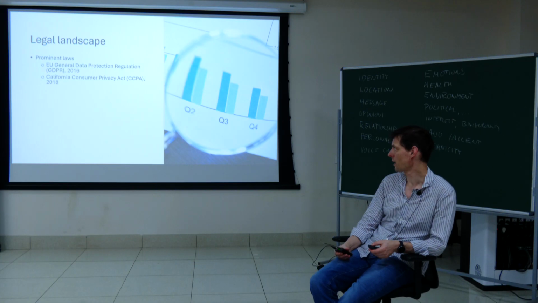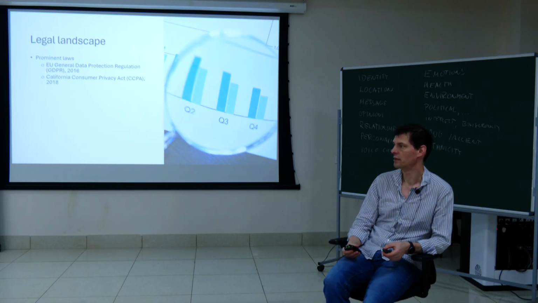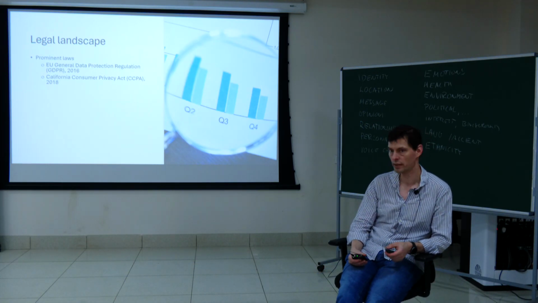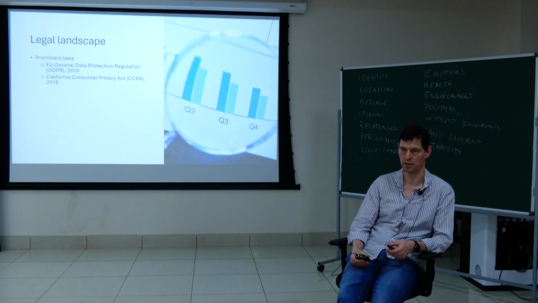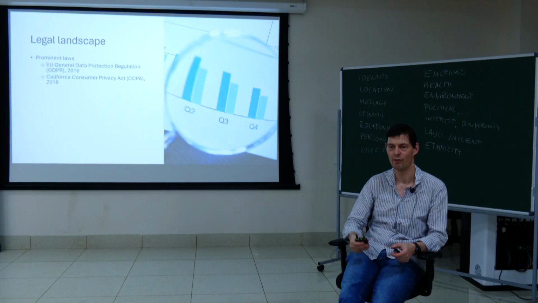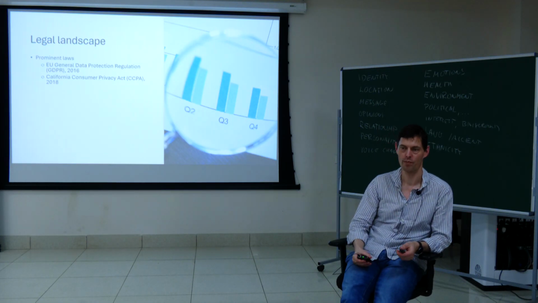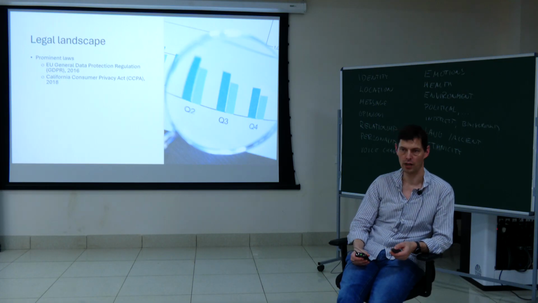The California Consumer Privacy Act came quite soon after that. It's to a large part a copy of the GDPR, though some things are different, and some things have actually been improved. When you are first, it's not going to be perfect, and the later ones will improve. But still, both are the most prominent and biggest laws.